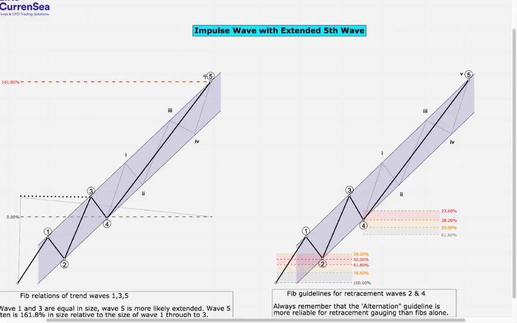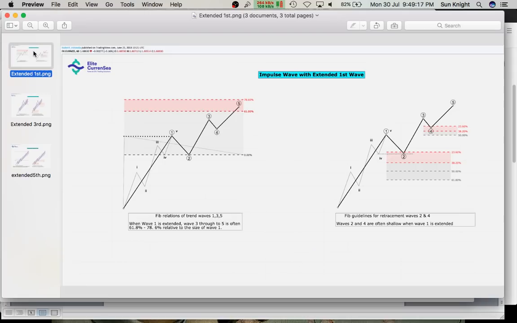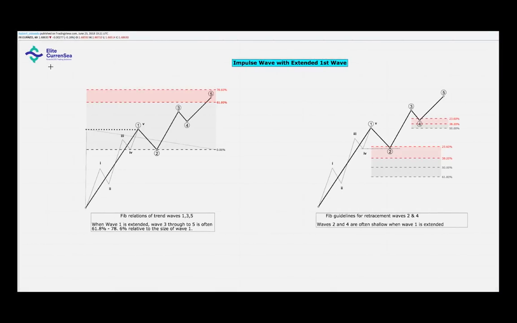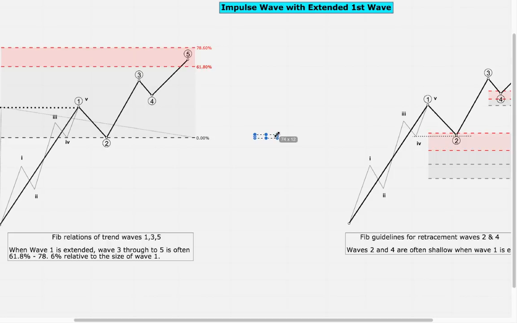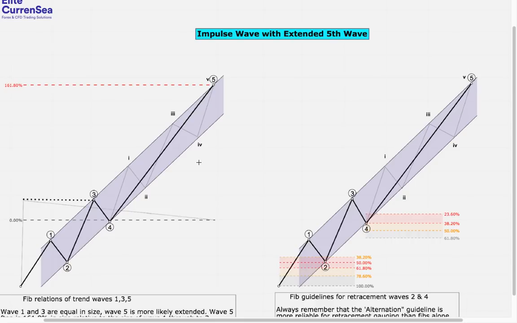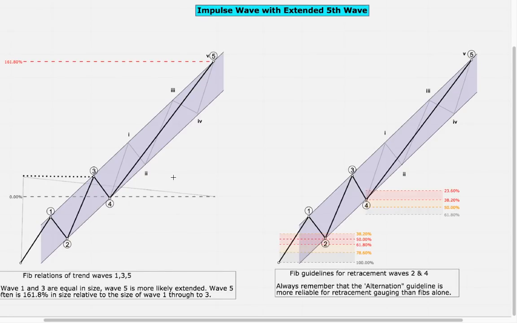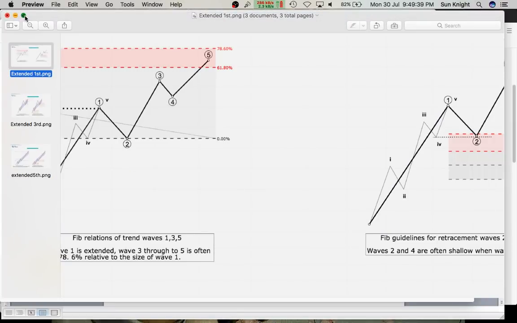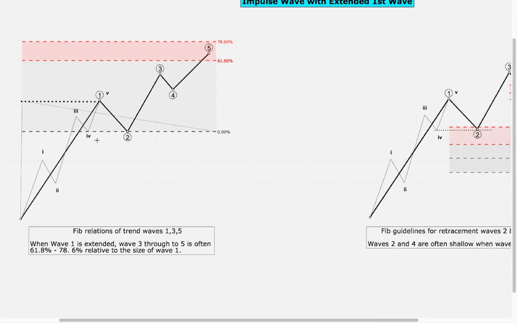And then finally, the last tidbit I wanted to give you is when in an Elliott wave the first wave is extended. This is an extended first wave, and in this case you get a really strong reading already straight from a reversal spot.